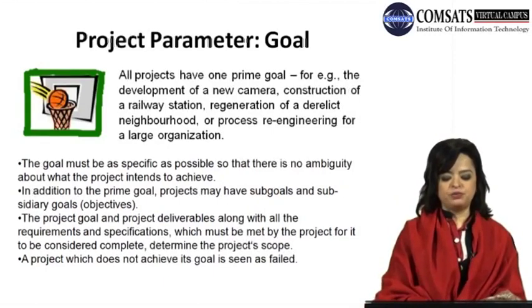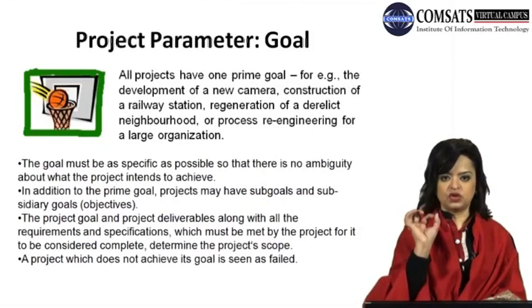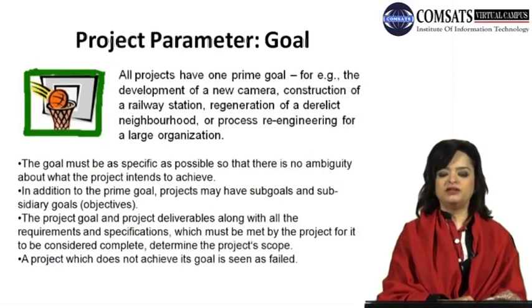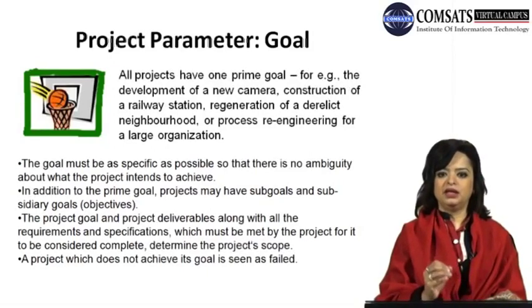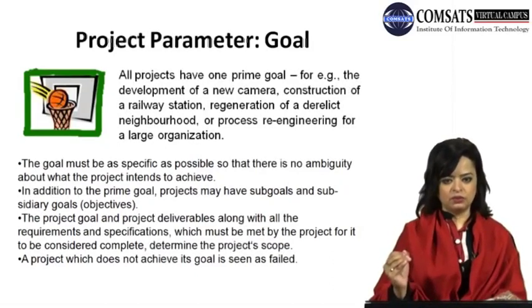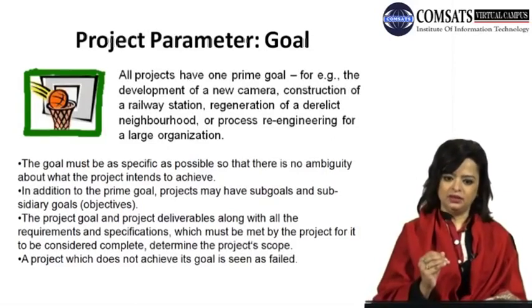The goal must be as specific as possible so that there is no ambiguity about what the project intends to achieve. So we are talking about the scope. In addition to the primary goal, projects may have sub-goals and subsidiary goals, or objectives. Obviously, when we talk about the definition of the project and we are saying intended, meeting the documented needs of the customer or the intended expectations of the customer.